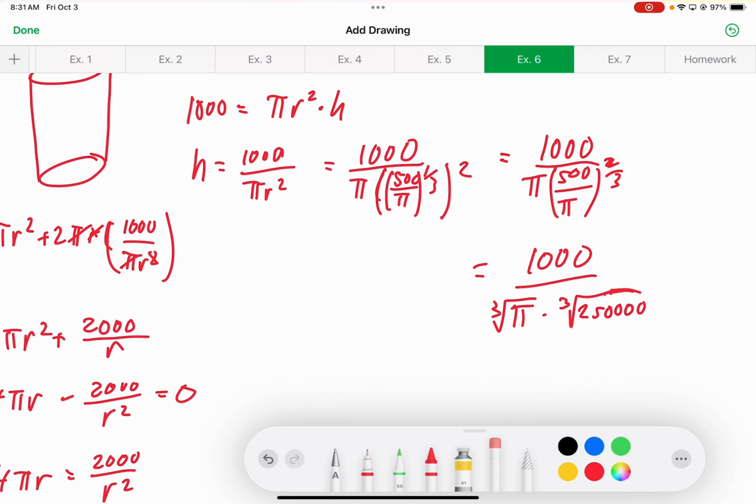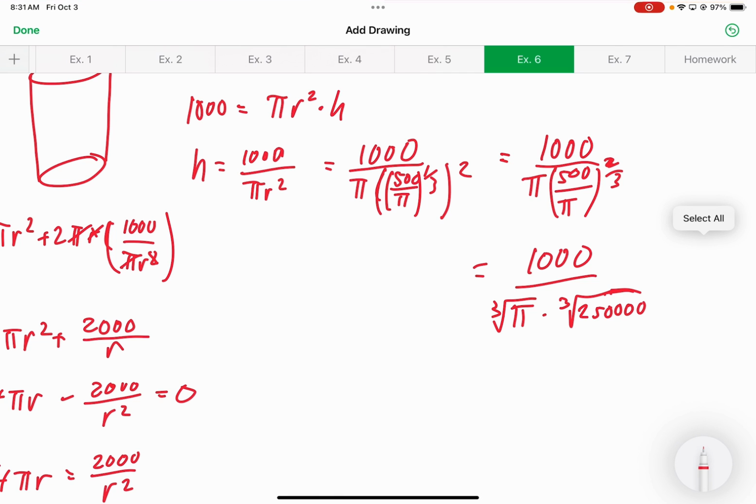It is 250,000. All right, so if we really want to, 1,000 divided by the cube root of 250,000 pi inside of that cube root. But it's not going to get much nicer simplifying that, I don't think.